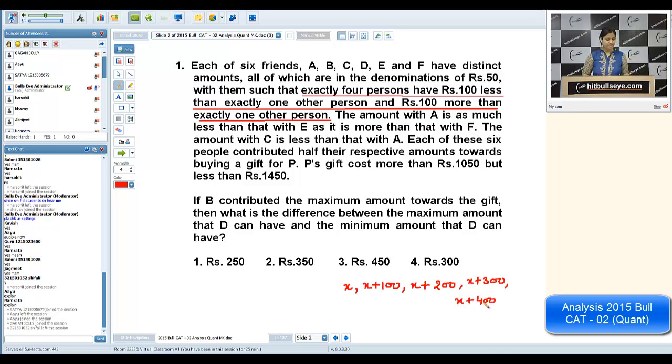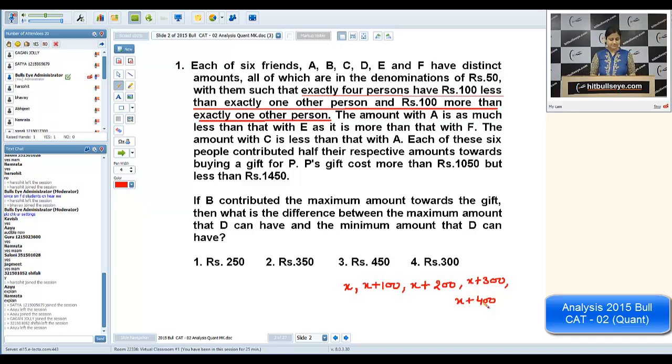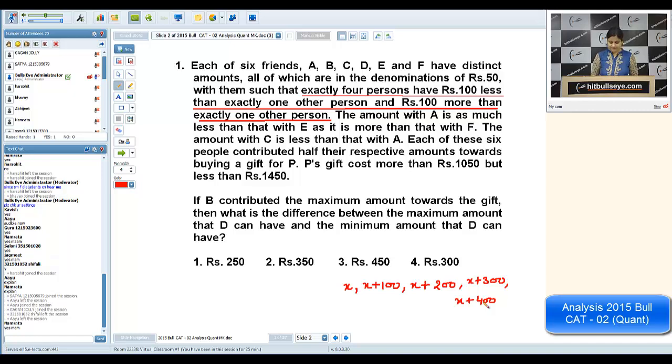Is it okay, Ayu and Namrata? That was the catch in this set. That is the meaning of this line. Please confirm.